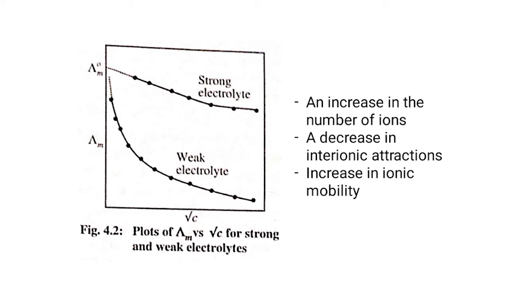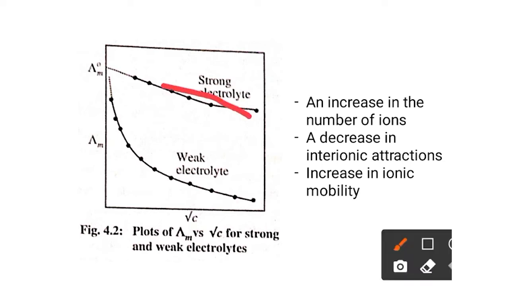So we can see here the rate of increase in lambda m with increase in dilution is rather slow for strong electrolyte, but it is much more rapid for weak electrolyte. We can see here, this is the plot of strong electrolyte and this is the plot of weak electrolyte.